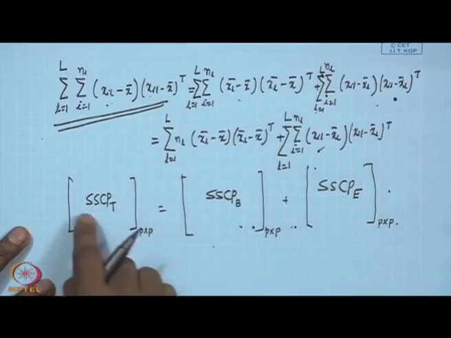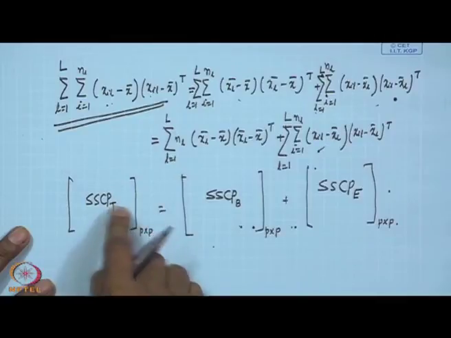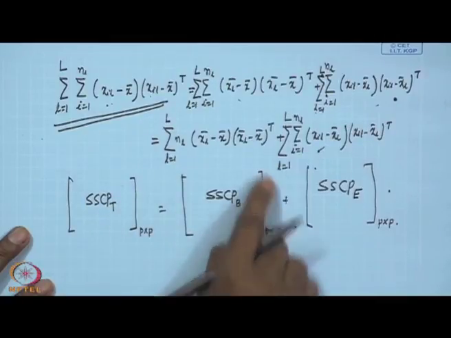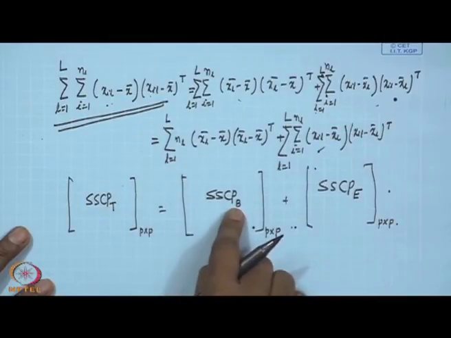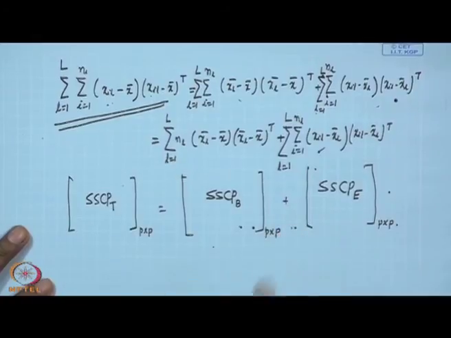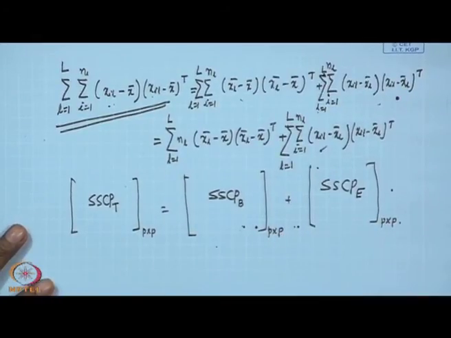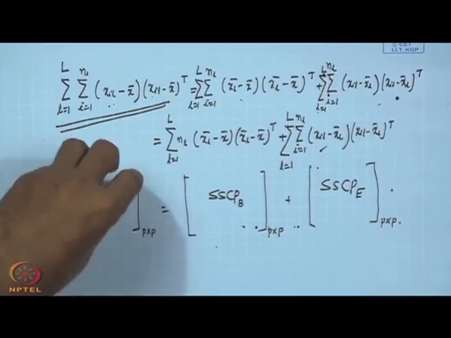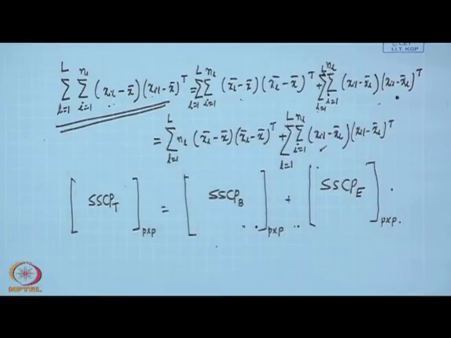So, total sum square cross product is equal to between sum square cross product plus error sum square cross product. This is the big difference from ANOVA. In ANOVA you get scalar quantities everywhere.